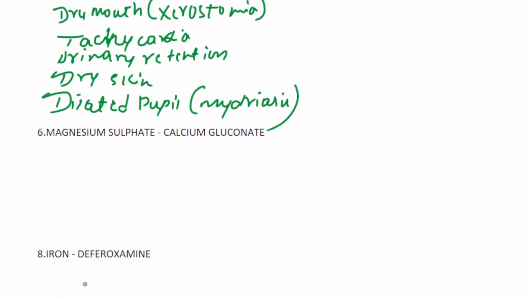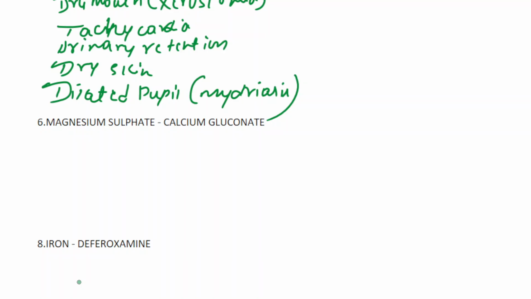And the next drug is magnesium sulfate. Magnesium sulfate is mainly used in eclampsia and preeclampsia. For magnesium sulfate, the antidote is calcium gluconate. Some important symptoms of magnesium sulfate overdose are hypotension and hyporeflexia.